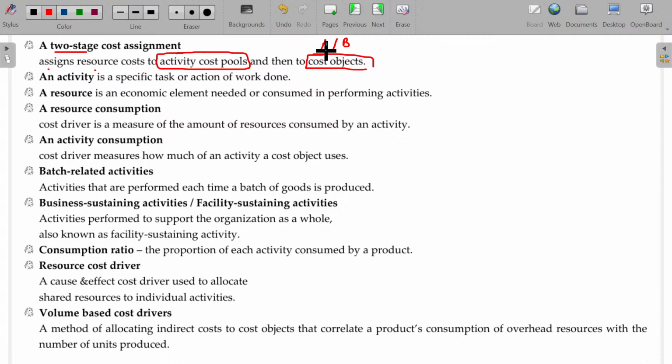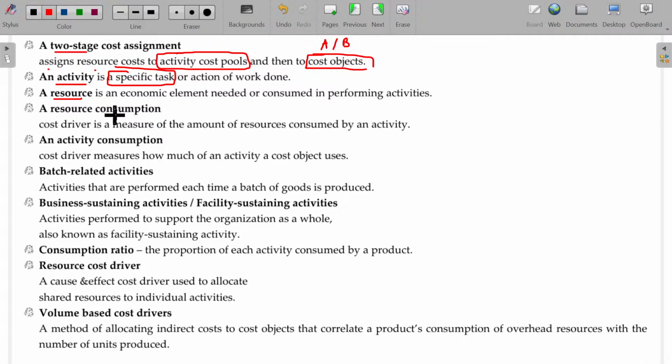How can we now add this cost to the product or objects? First, pool the cost based on the activity and then transfer that cost to the cost object using the cost driver. Two-stage cost assignment. Activity is nothing but a specific task or work we do. Because of that, we spend resources, an economic element needed.